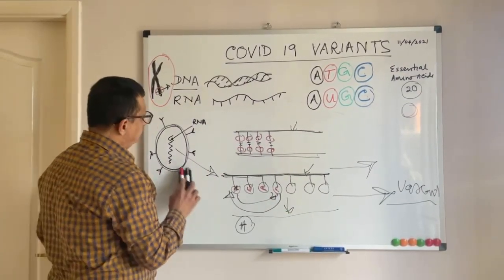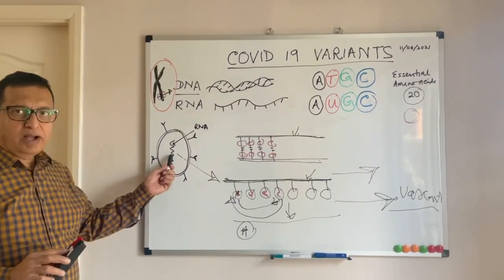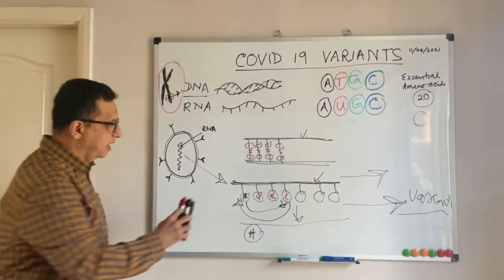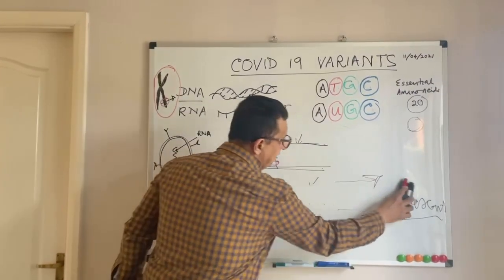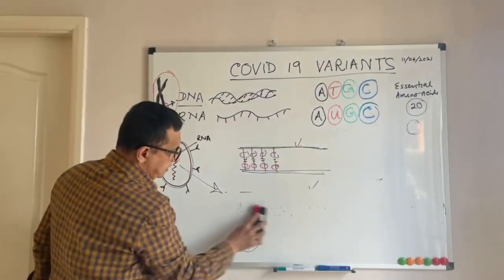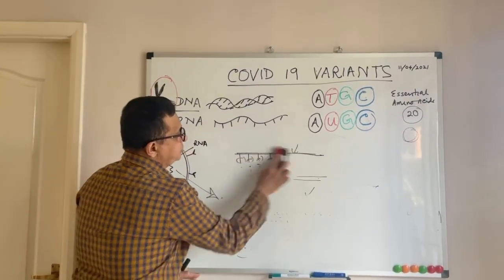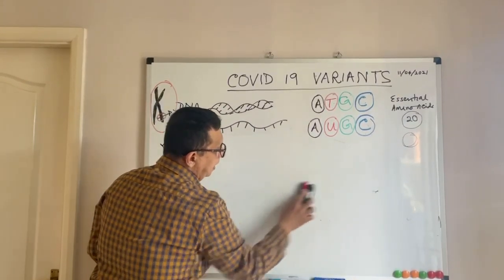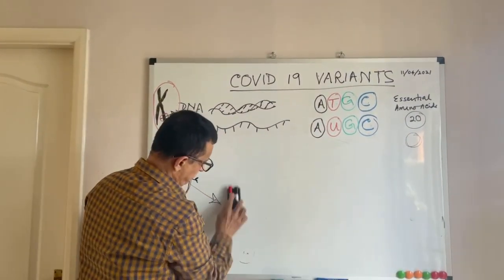So our COVID-19 virus is a single-stranded RNA virus, and let's see how this genome behaves.